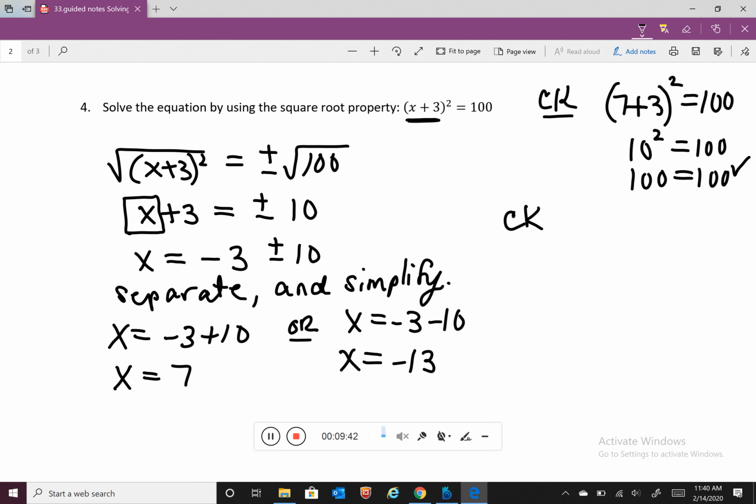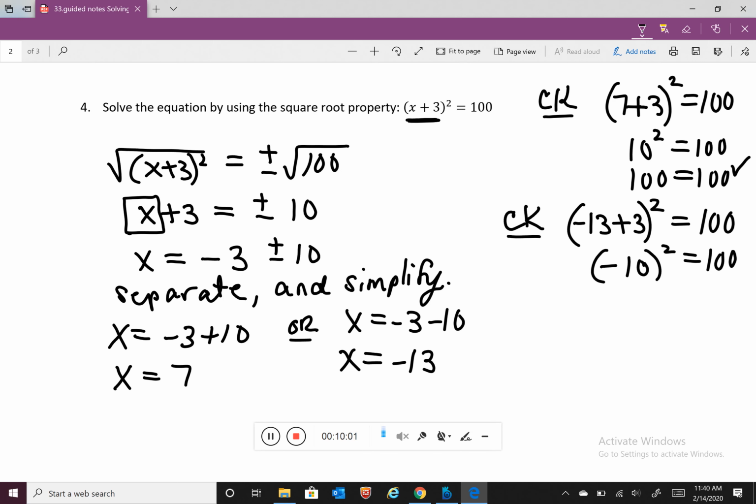And then our second check, negative 13 plus 3, quantity squared. But negative 13 plus 3 is negative 10, and a negative times a negative is a positive, and there's our 100. So both solutions check.